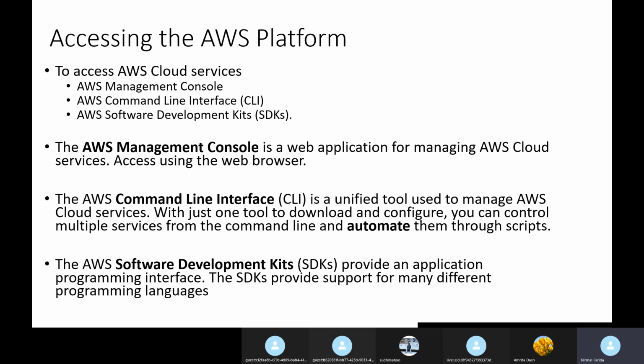Your first task will be to create a free tier account in AWS, if you don't have one. Then, using that free tier account, you can access your AWS Management Console. The Management Console is a web application for managing AWS cloud services. You use your web browser to access it.